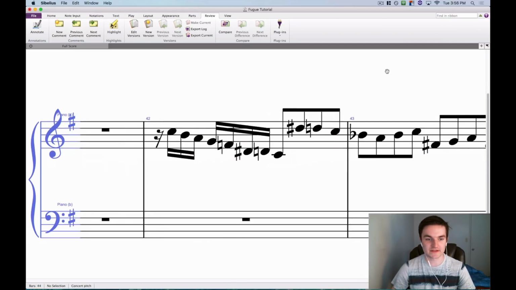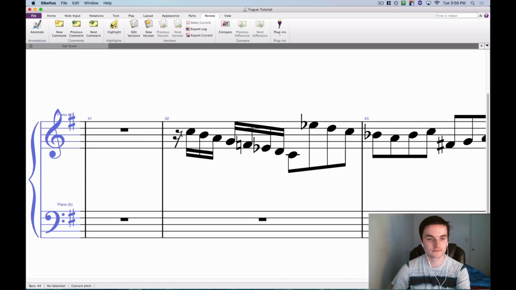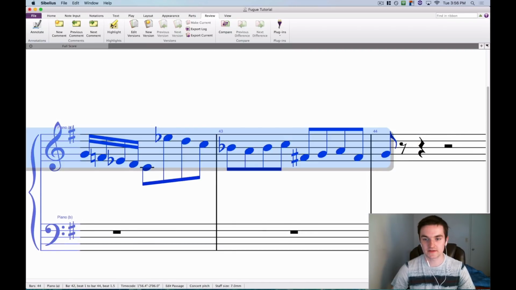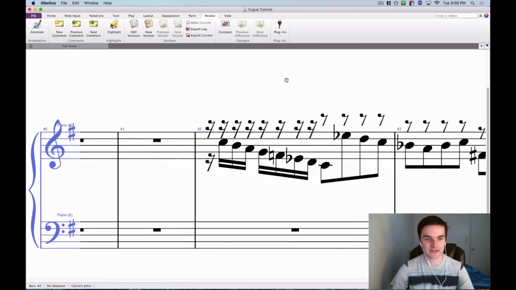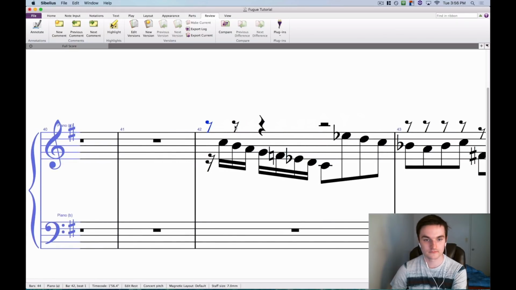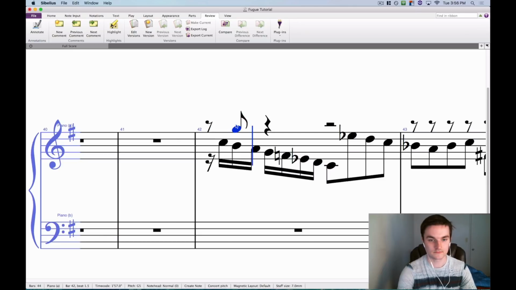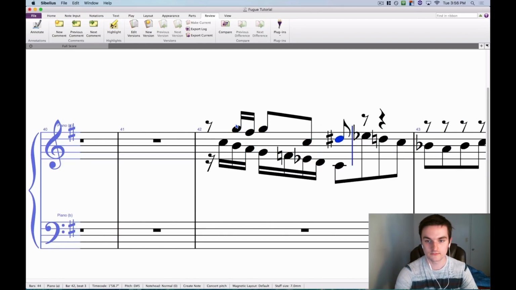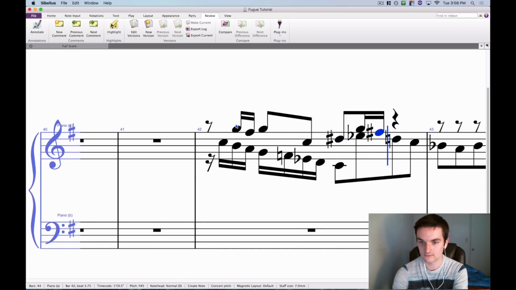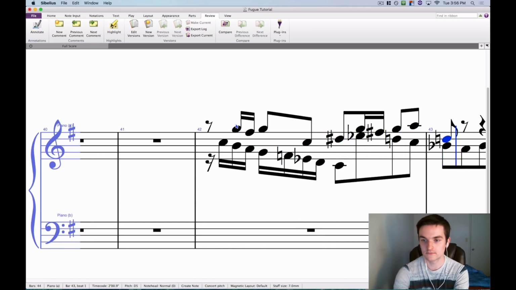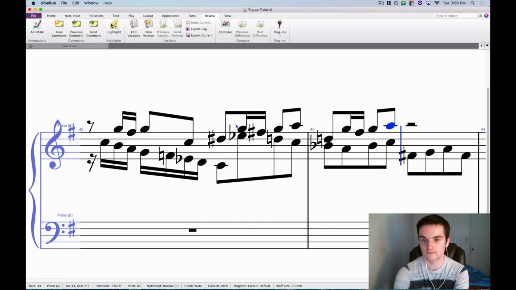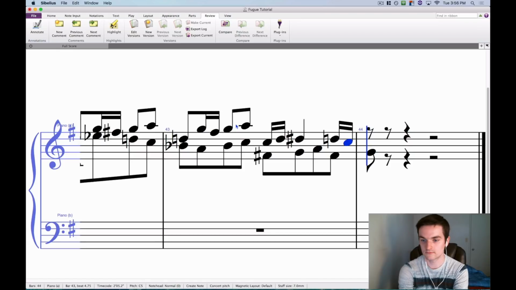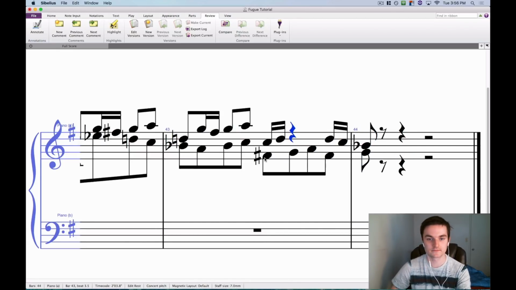So this is from the C minor fugue. Let me make all this and the second voice. But I just want to give you this example because I think it'll be useful. Do a little interval analysis here.